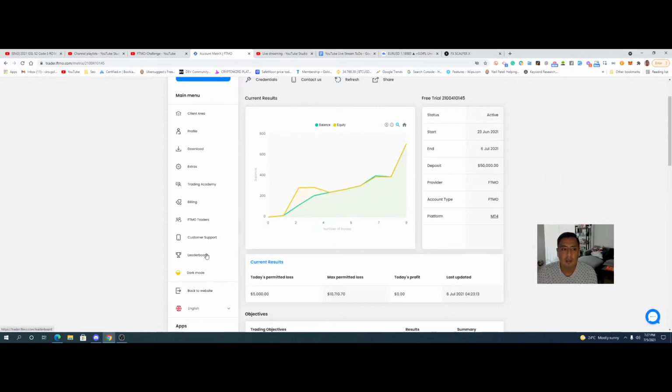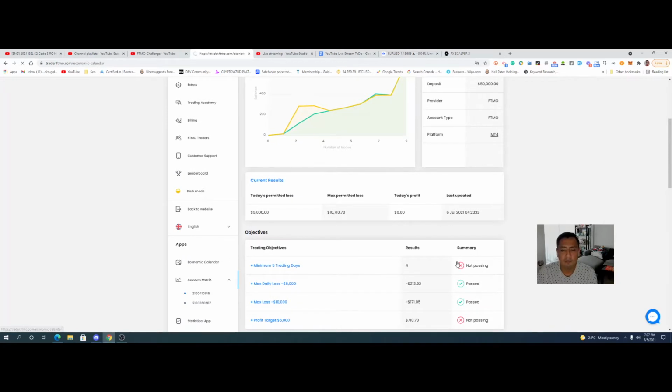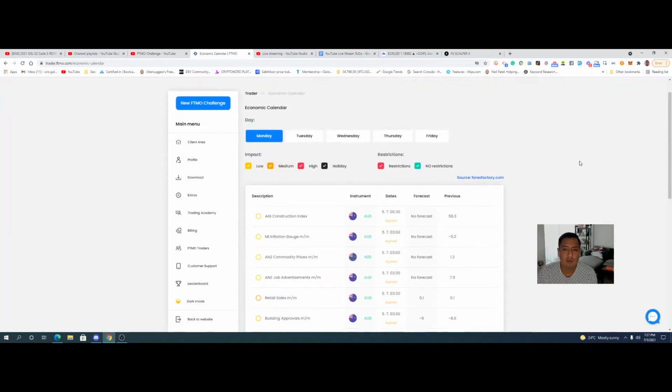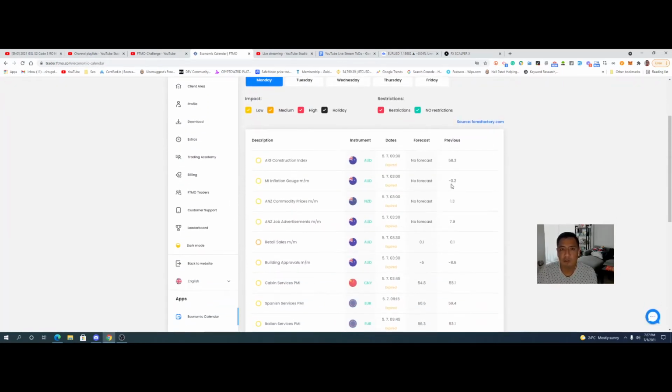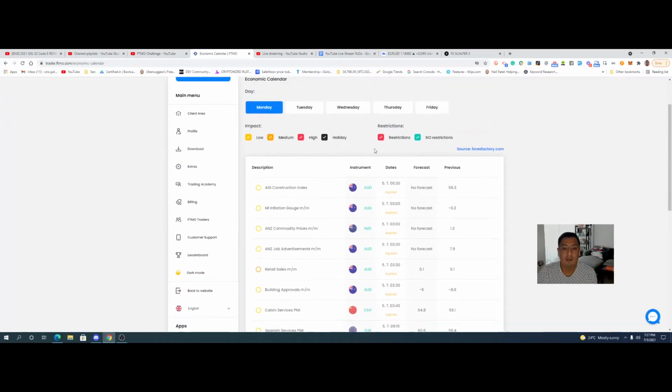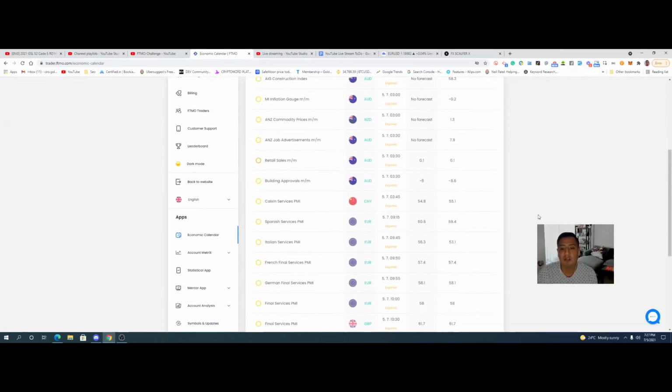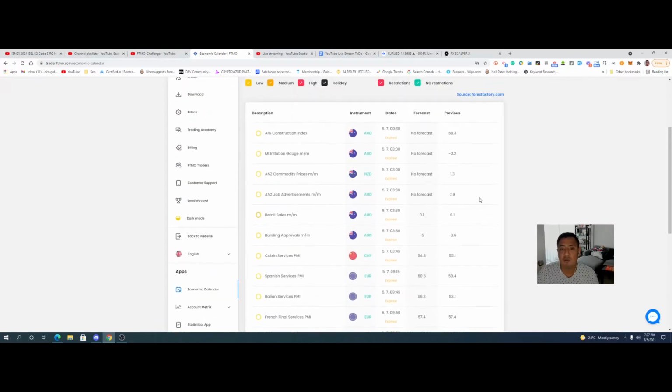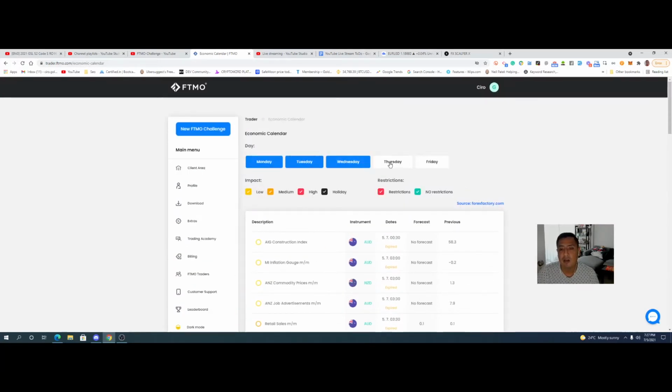So let's take a look at the economic calendar to see what pairs we're going to use this week. If you haven't watched my previous videos, we do go over why we're doing this, because if we have any economic news that's early in the week, then we're not going to use those pairs, because if we go into drawdown, I don't want to have to close them on or around the news.